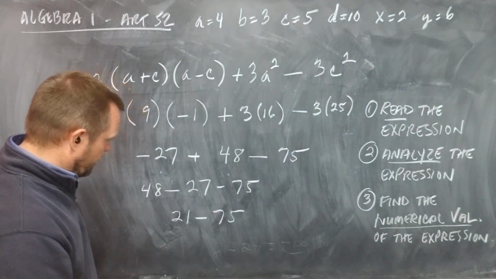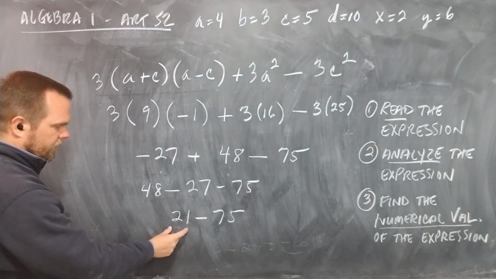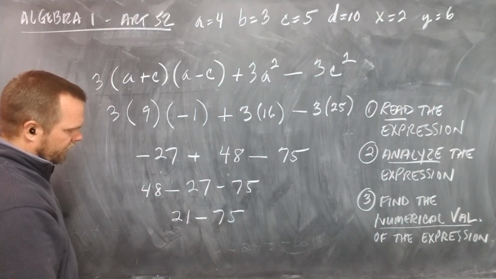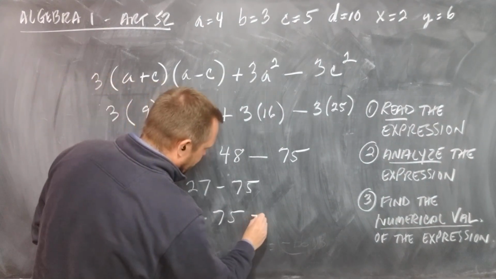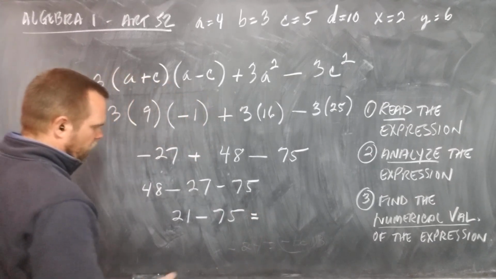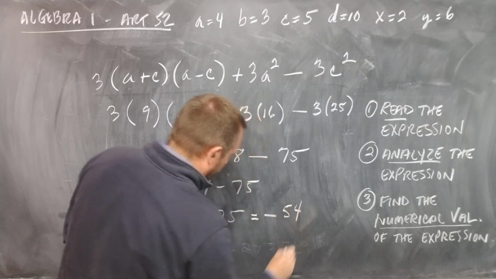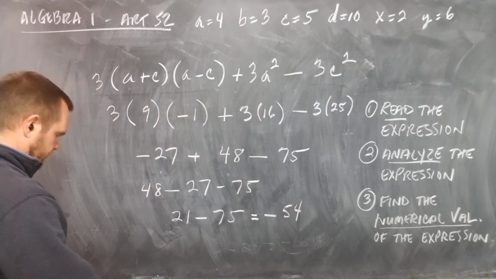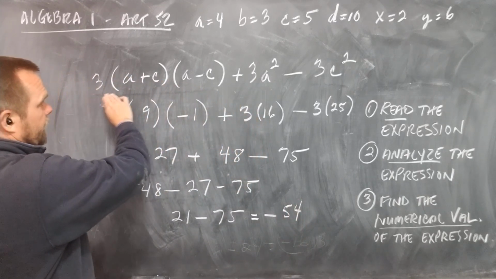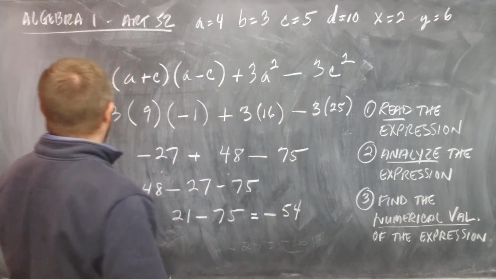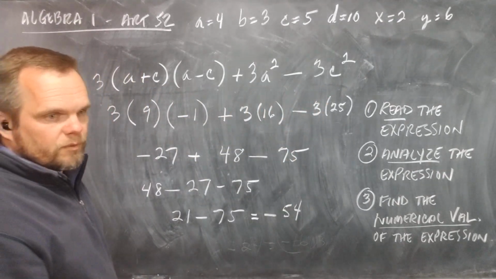Okay? Now we simply have 21 minus 75, which is going to give us negative 54. All right, so the value of this expression here for number 12?